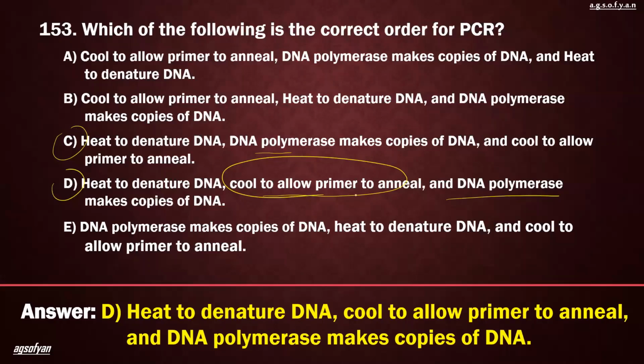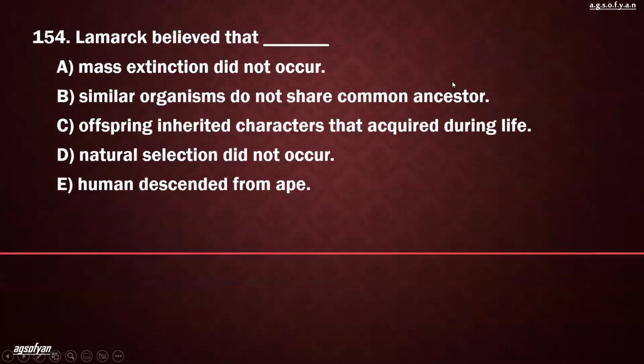So after heating, cool it down, and then put in the DNA polymerase to make copies of many DNA. PCR means polymerase chain reaction. Like testing for COVID-19, they use PCR.